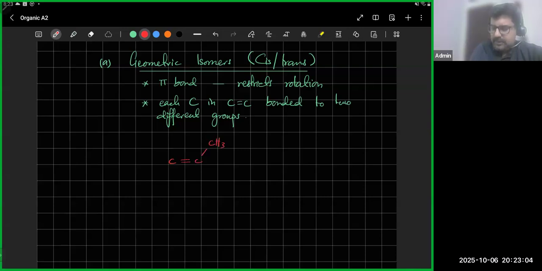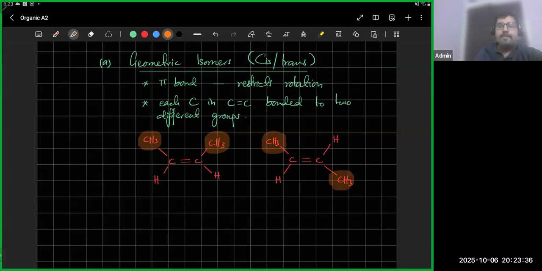For example, you can remember it's going to be trigonal planar. This carbon is also bonded to two different groups. So there's going to be another version where you have CH3 and H, and this CH3 is actually pointing downwards. So you can still be asked to draw all of these. You can be asked to draw the double bond as well.